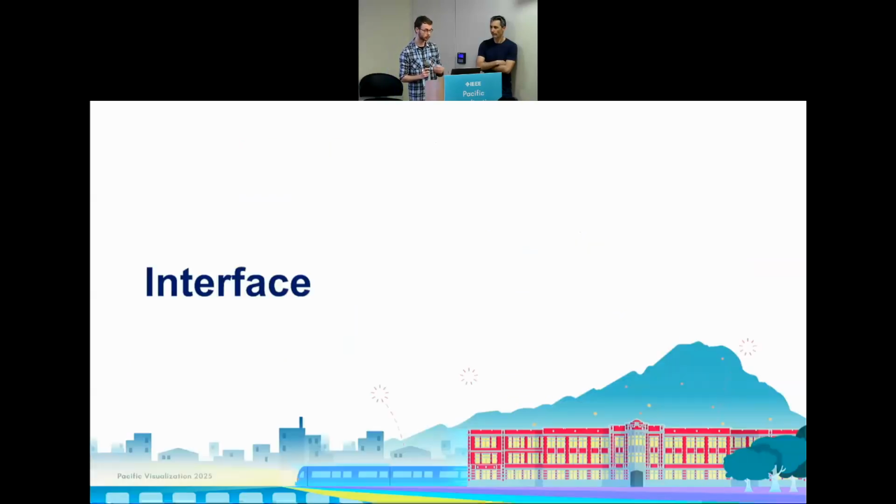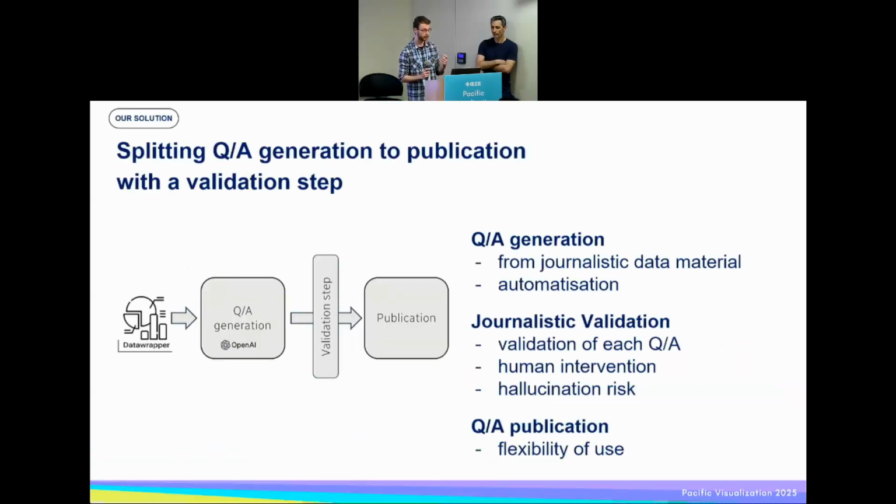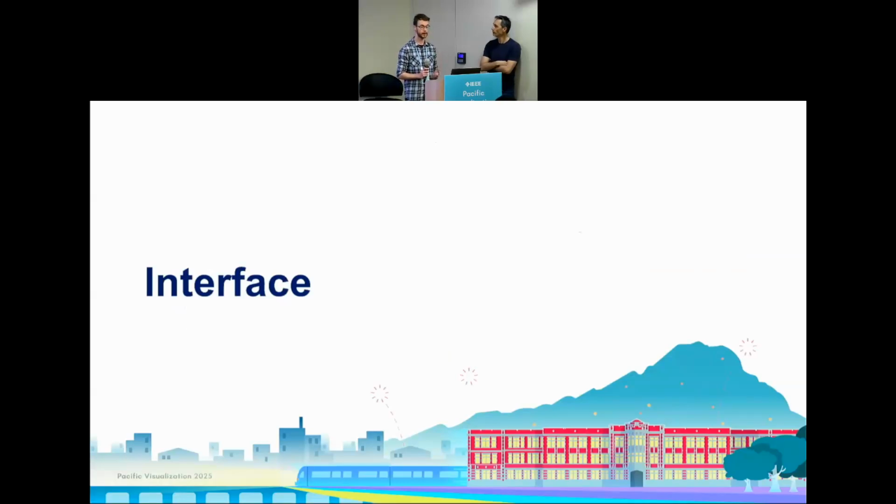In this paper, we'll be focused only on the second step, the validation step, but there are many things to say about the QA generation and the publication too. To do this, we implemented an interface to optimize this validation process and to make it implementable inside the professional context, inside the newsroom.